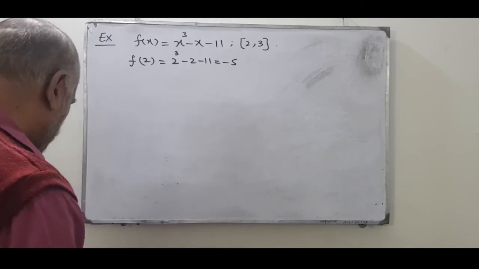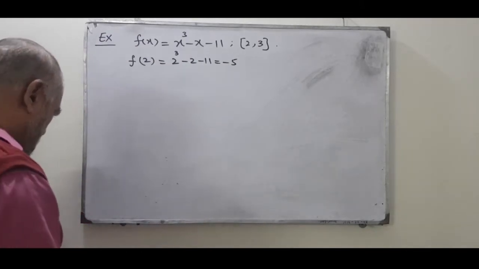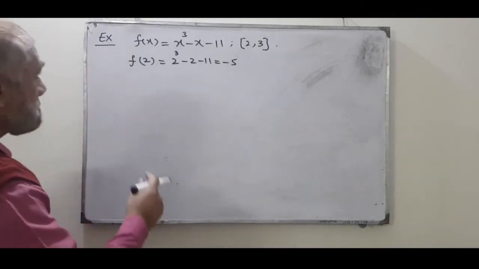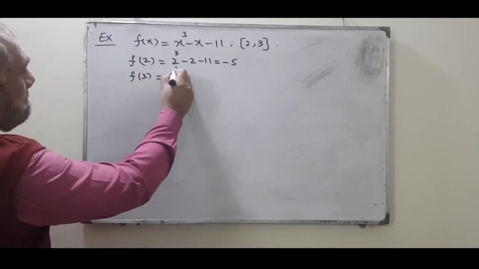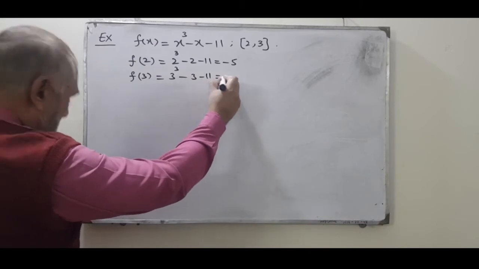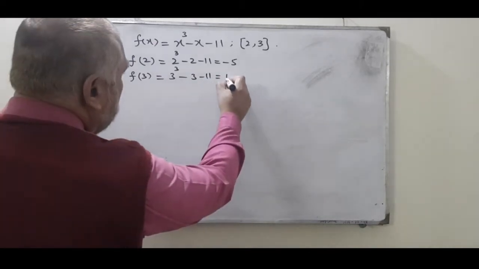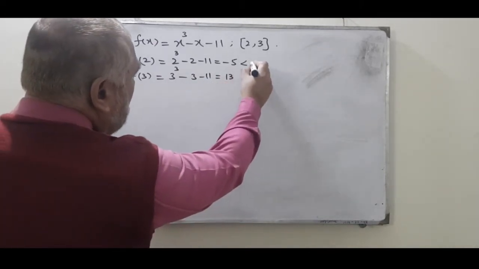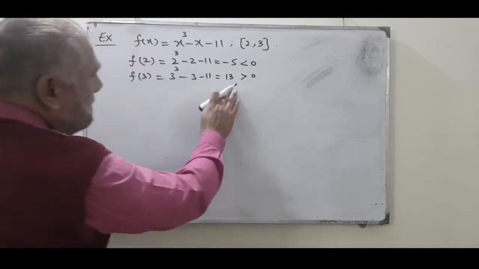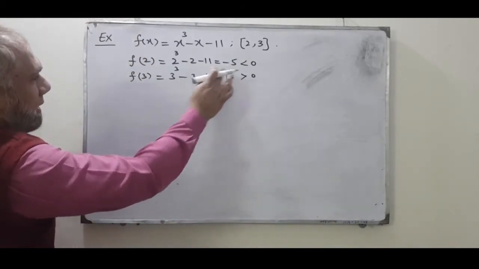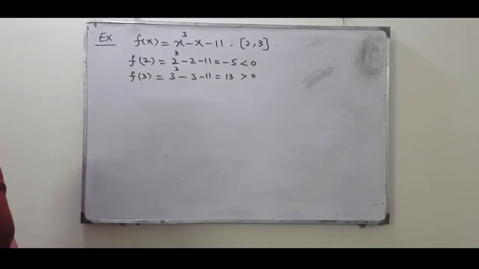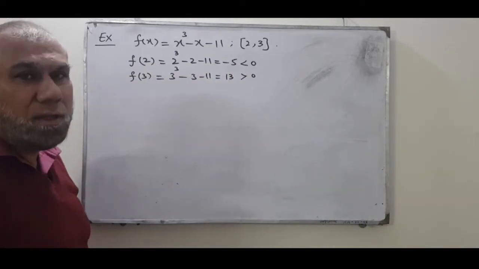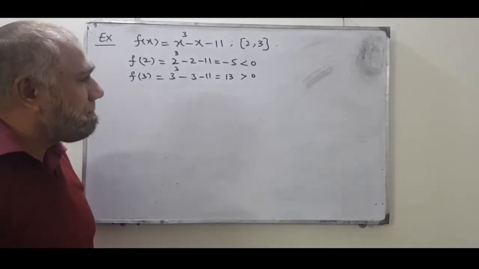Similarly, if you substitute the value at 3, the result is equal to 30. So here the sign is negative and here the sign is positive. These two indicate the endpoints where we have the change in sign for two consecutive inputs. So this is the domain in which the root lies.